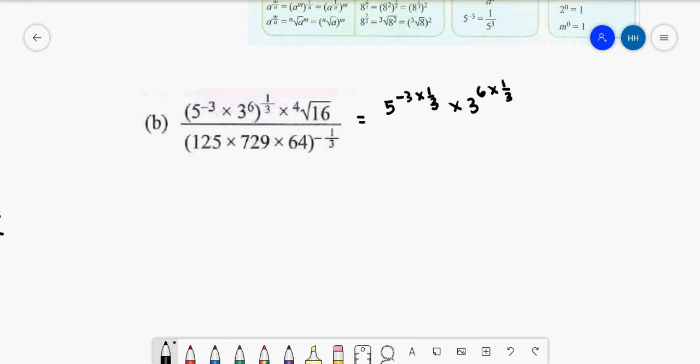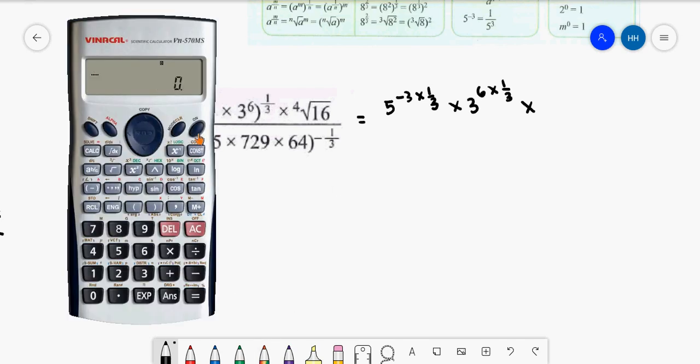And then you have multiplication, you multiply here, multiply 4th root 16. So 4th root 16 you can write in fractional indices, and 16 you can simplify. 16 you know that it is 4 times 4, right? That means it is 4 square.